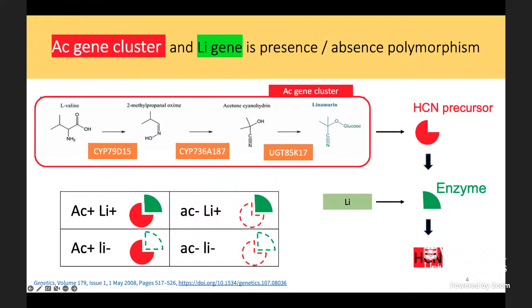Phenotypically, there are 4 combinations: AC plus LI plus, AC minus LI plus, AC plus LI minus, and AC minus LI minus. Only the AC plus LI plus combination can produce cyanide. We call it cyanogenic.